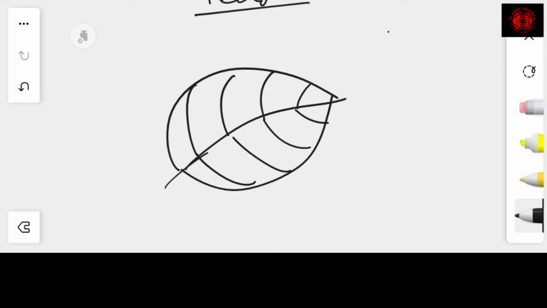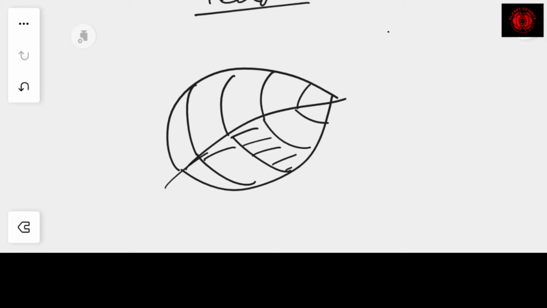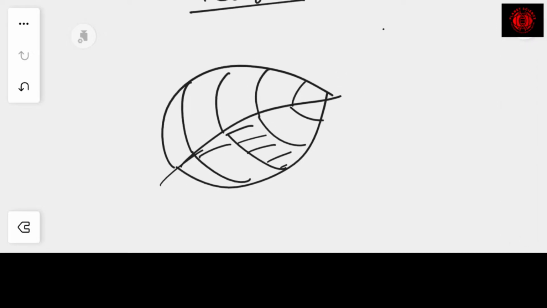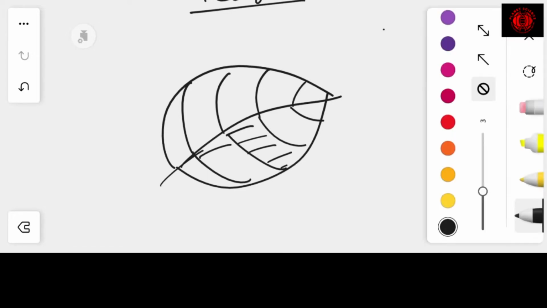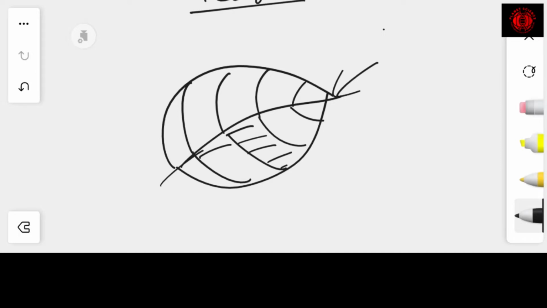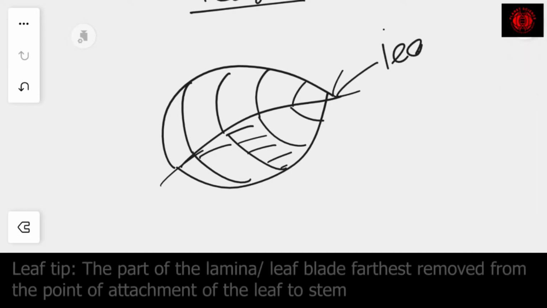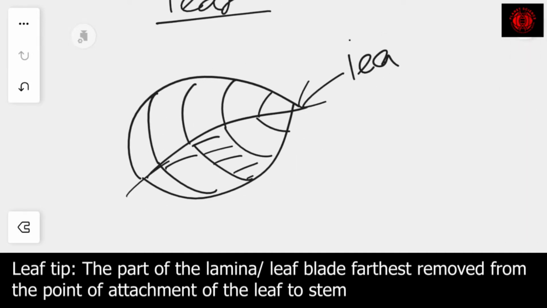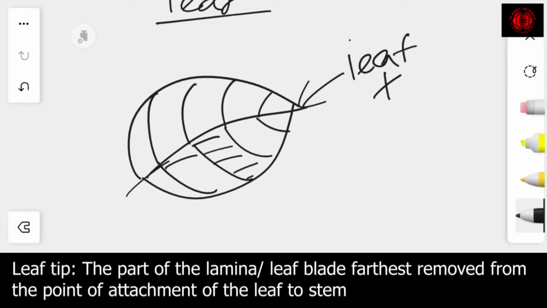Here, mainly, this is the leaf tip. This is the leaf tip, the end of the leaf.